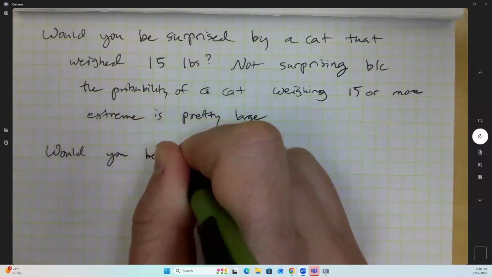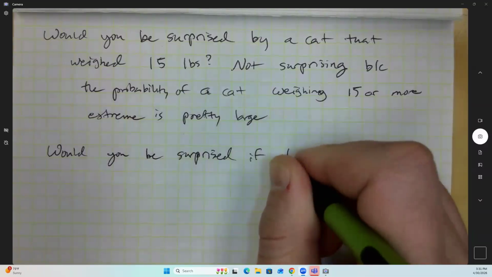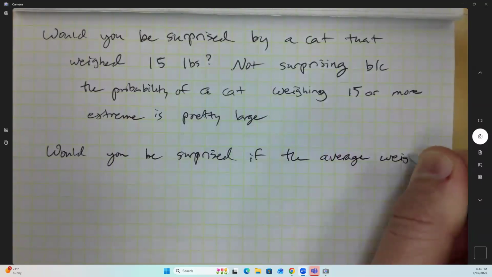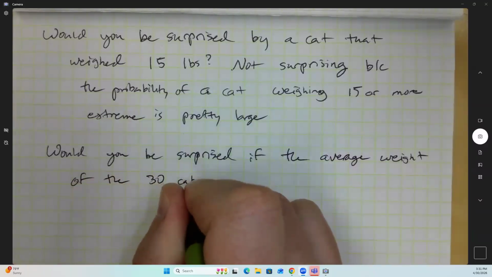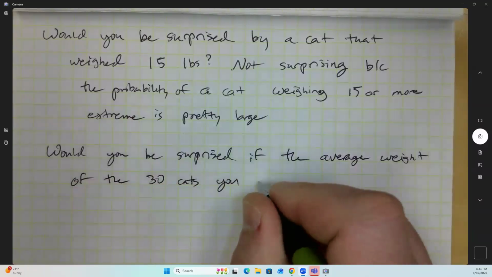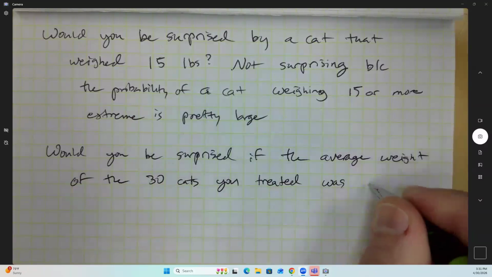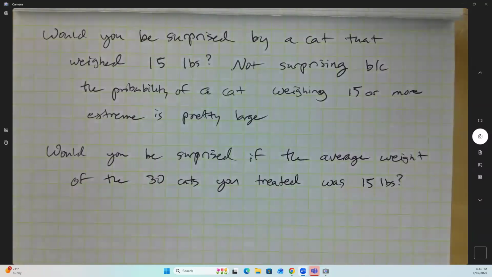Would you be surprised if the average weight of the 30 cats you treated, here you're a vet, today was 15 pounds? Talk about that question with your neighbor. Again.